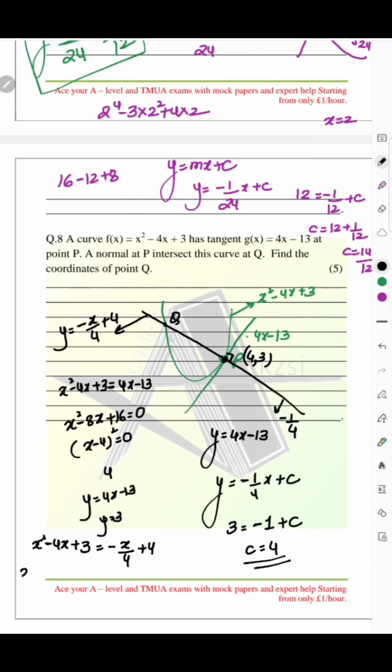Bringing it across, x squared minus 4x plus x over 4 plus 3 minus 4 equals 0, so x squared minus 15x over 4 minus 1 equals 0. This is our quadratic equation. Multiply all the sides by 4: 4x squared minus 15x minus 4 is equal to 0. So the product is negative 16 and the sum is negative 15, which means the two numbers are negative 16 and plus 1.